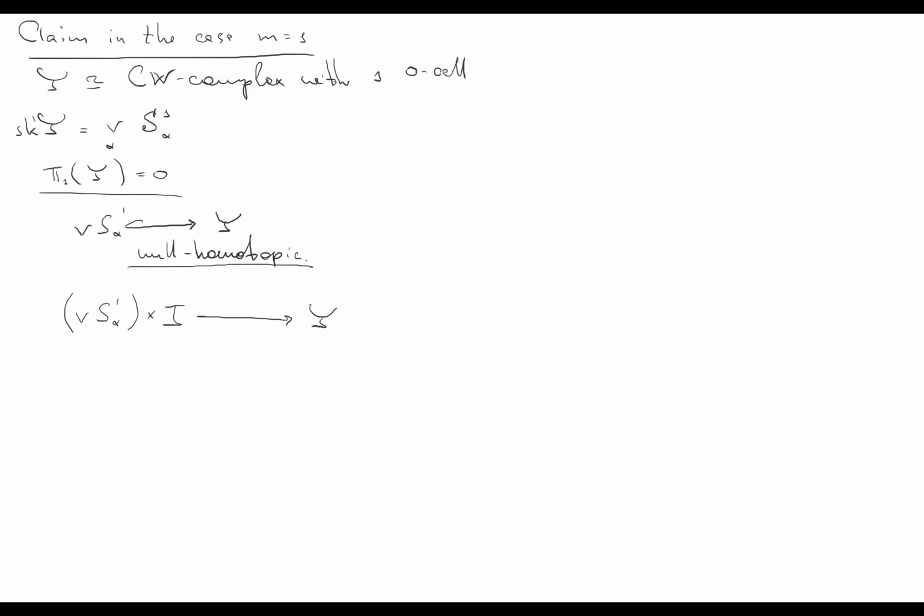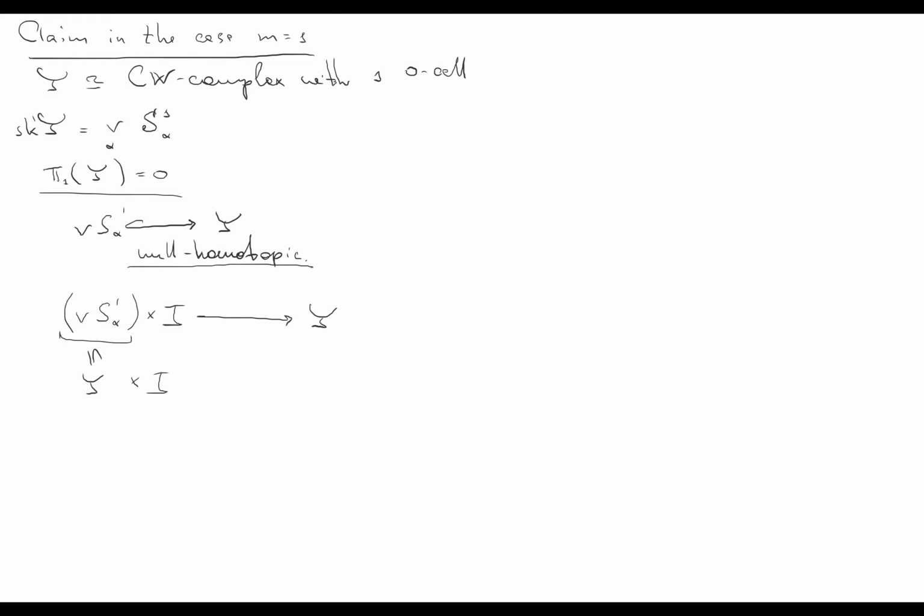Okay, so I have the following picture. This wedge lies inside Y. Therefore, this product lies inside Y cross the unit interval. And I have a map where Y lies at the bottom, and the homotopy on its cellular subcomplex.